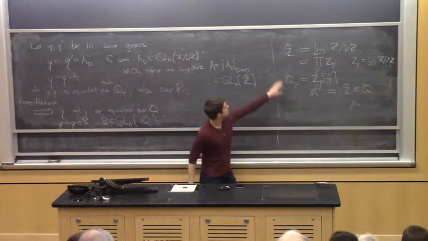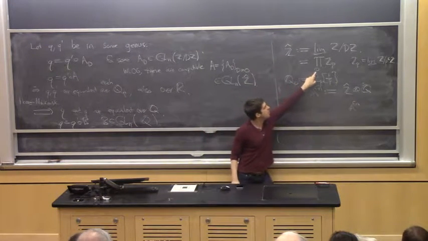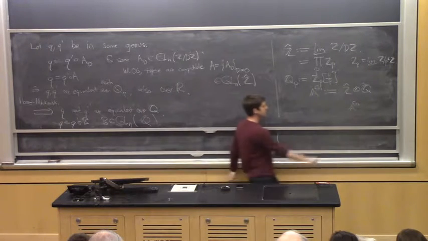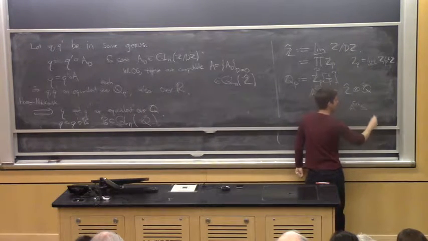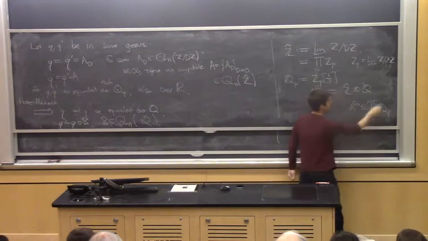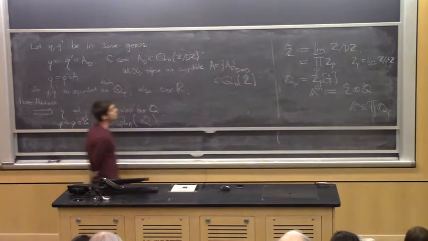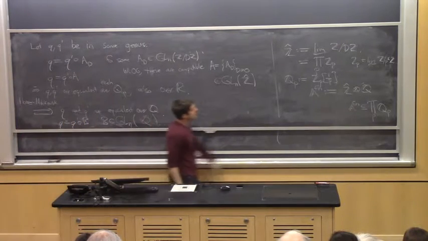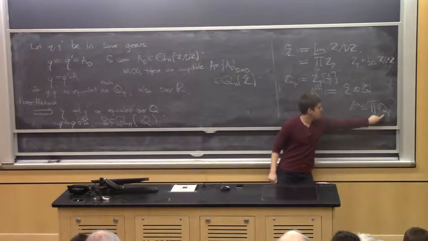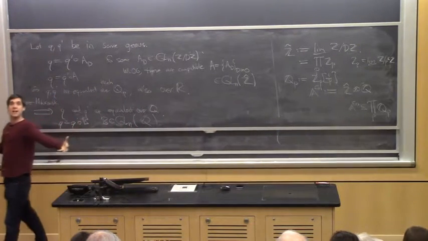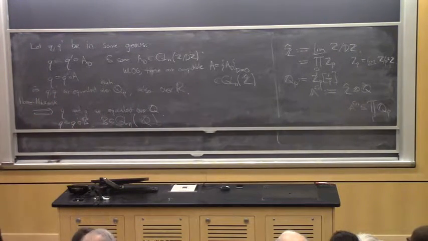This ring has another description. Z hat factors as a product of the p-adic integers over all primes p. There's something similar you can say about this ring of finite adels. It sits inside the product over all primes p of the p-adic rational numbers, but it's not the entire product. It's what's called the restricted product, meaning you only get those sequences of p-adic rational numbers where all but finitely many terms are integral.